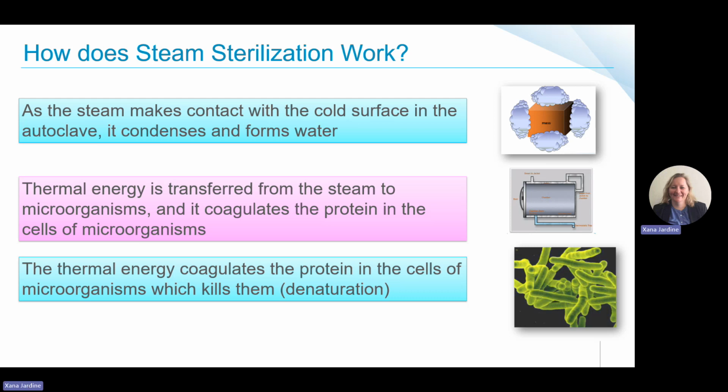This thermal energy coagulating the proteins, which actually kills the microorganisms, is known as denaturation. So that's how steam kills microorganisms. Of course, low temperature sterilizers don't use steam, they use a chemical, and the method of kill is slightly different. But with steam, we're killing the cells by coagulating the proteins.